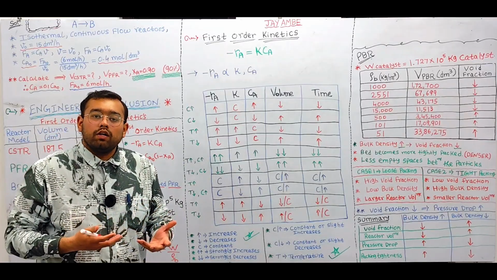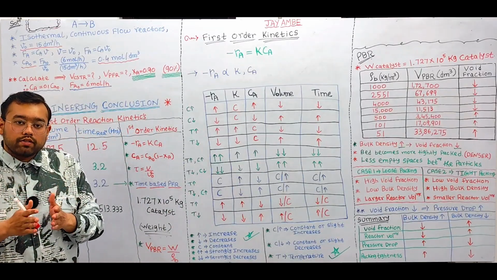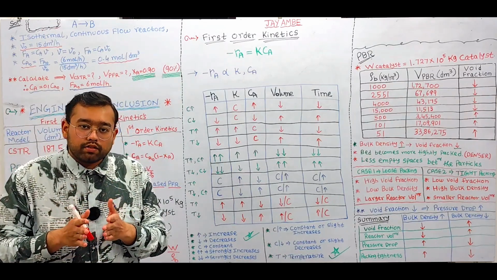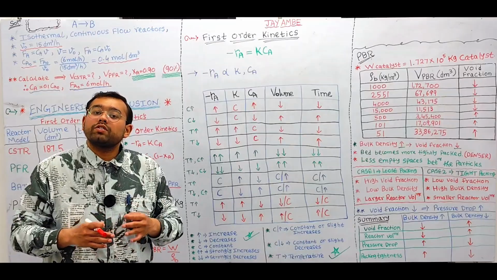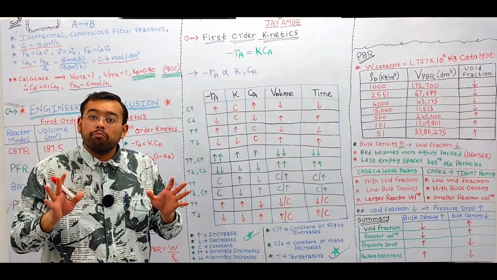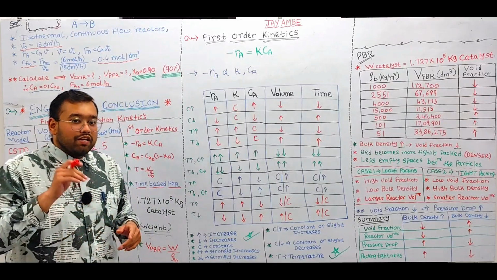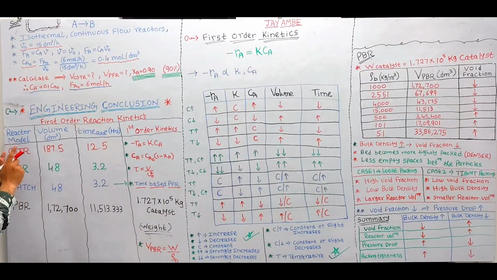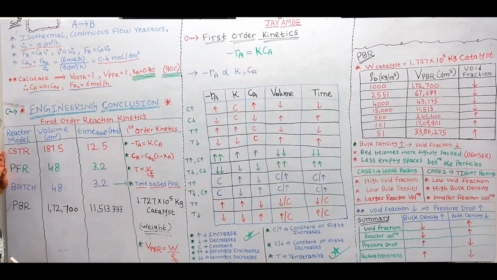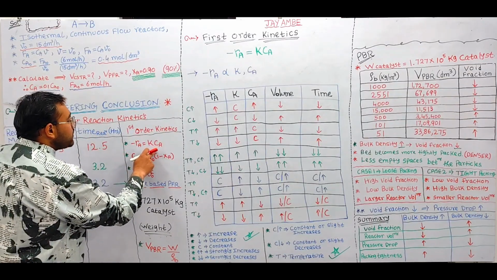Now the reaction will start. So at the initial start of the reaction, we'll have the highest concentration of reactants present in the reaction environment of the batch reactor. Here we are using the same first order reaction kinetics, the same rate law, which is minus Ra is equal to Kca.